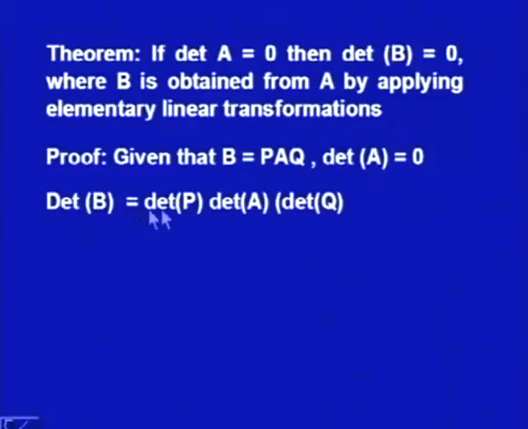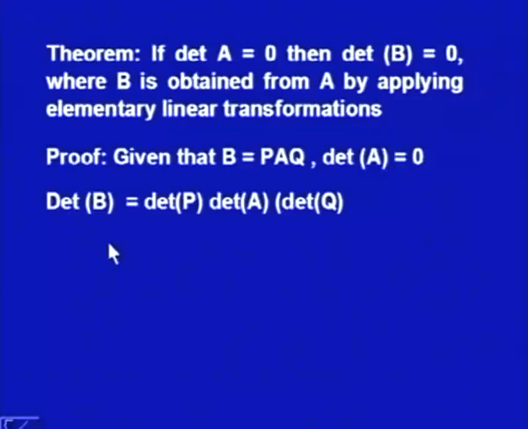So determinant B is equal to determinant P into determinant A into determinant Q. Determinant Q is not 0, determinant P is not 0. So we have only one alternative, that is determinant B is equal to 0 when determinant A is equal to 0.